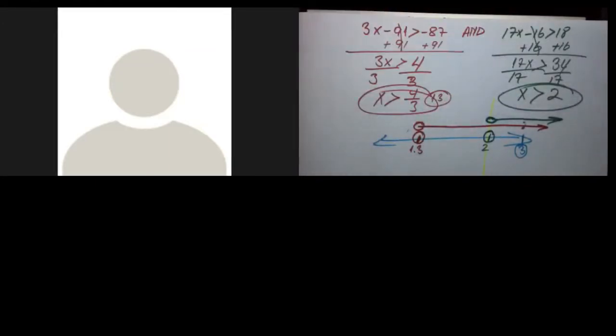So in this case, my final answer would be all the numbers that are greater than 2. To show that, look, 3.